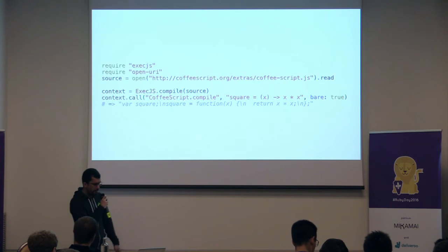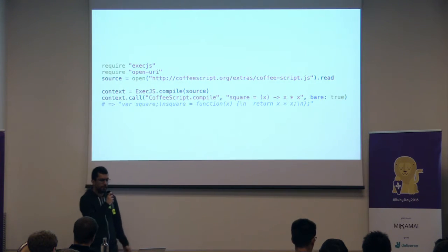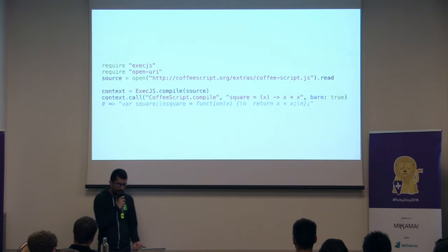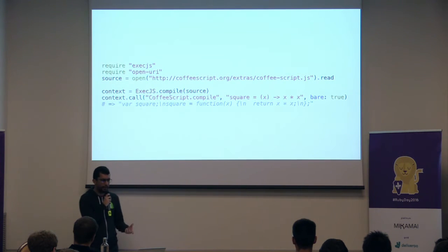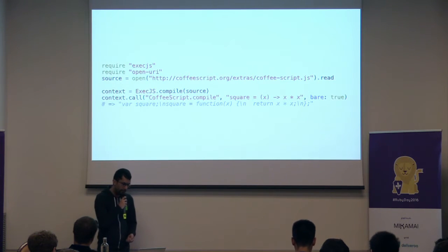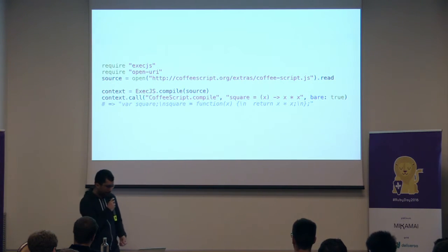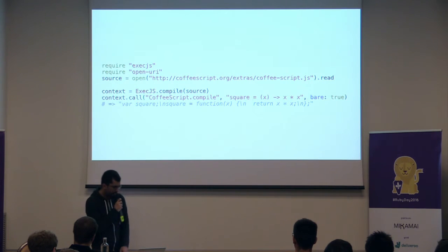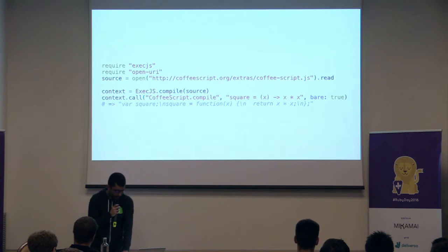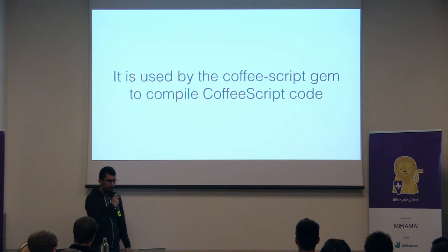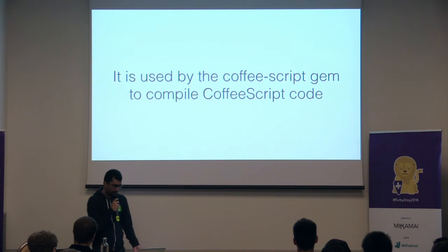What this code is doing is actually downloading the CoffeeScript compiler from the website and using that source code to execute a really small CoffeeScript snippet, like the one being generated on the last line. ExecJS is used by the CoffeeScript gem to compile CoffeeScript code to JavaScript code.